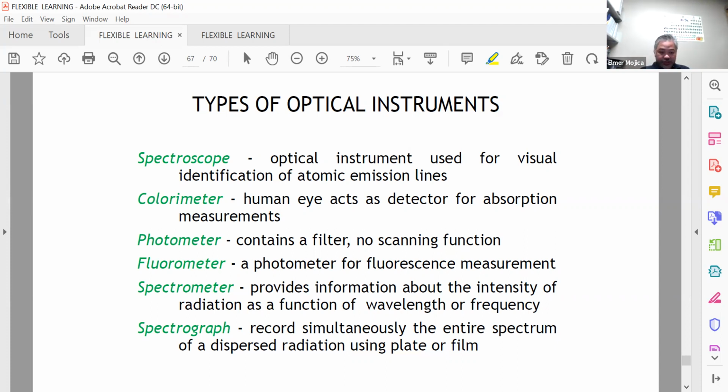A photometer contains a filter, but there's no scanning function. A fluorimeter is a photometer for fluorescence measurement. A spectrometer provides information about the intensity of the radiation as a function of wavelength or frequency. Lastly, a spectrograph records simultaneously the entire spectrum of the dispersed radiation using plate or film. We don't usually do that.